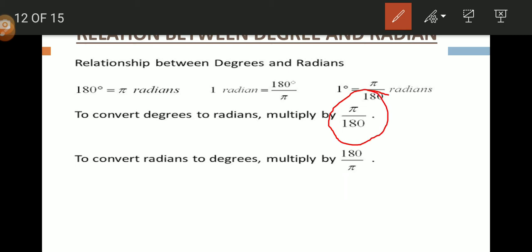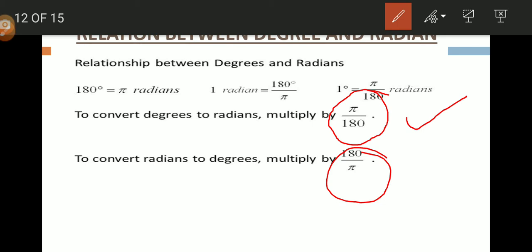If you want to convert radians to degrees, we multiply by 180 divided by pi.